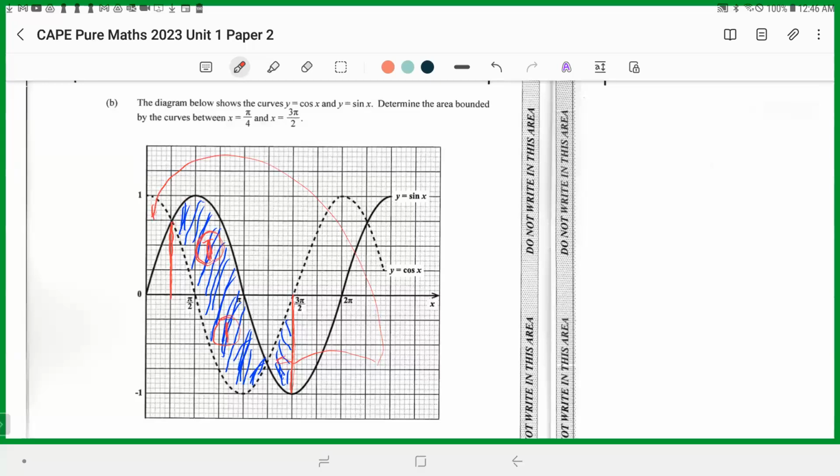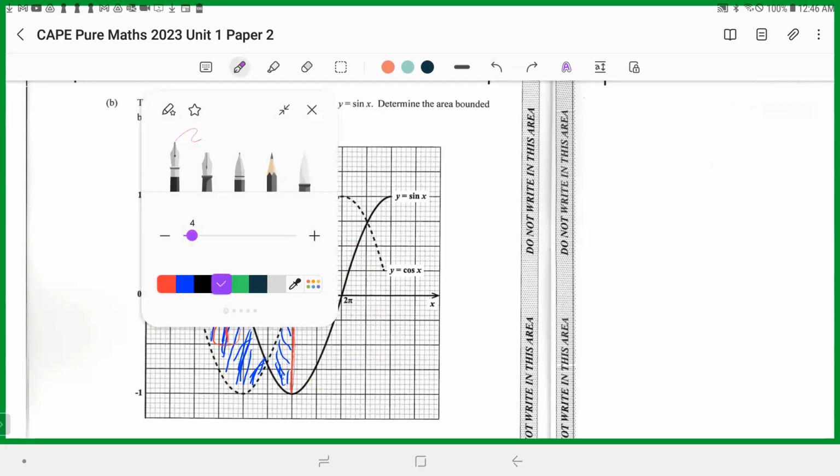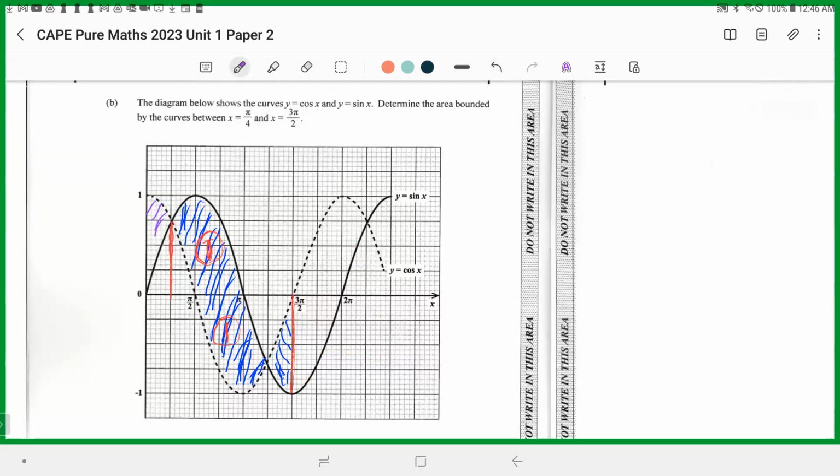So instead of finding this area down here, you can literally just find this one right here, marked in a different color. It's the same area, and I'm going to call this area 2.